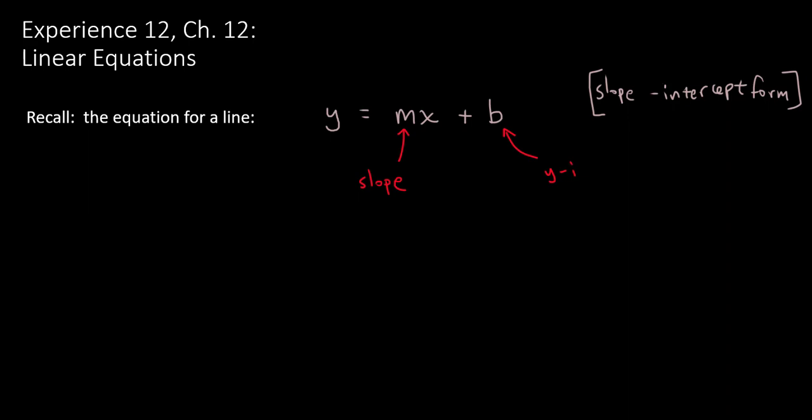And when we say intercept, we mean the y-intercept. And so the letters y and x, in a statistical perspective, play the role of the different variables in a study. So you might have the response variable and the explanatory variable.